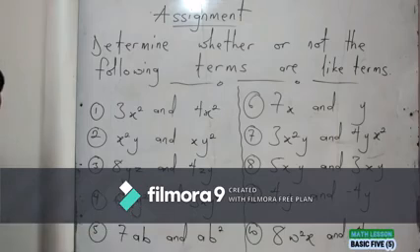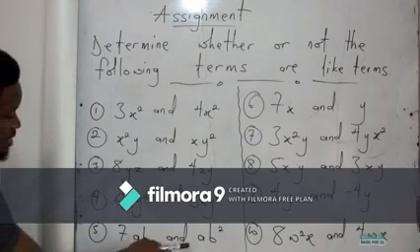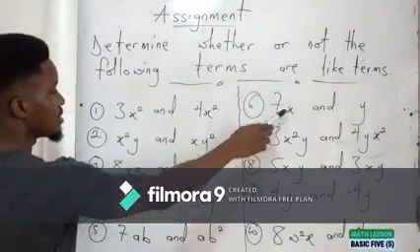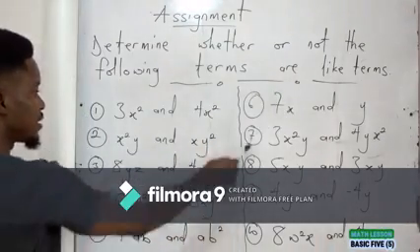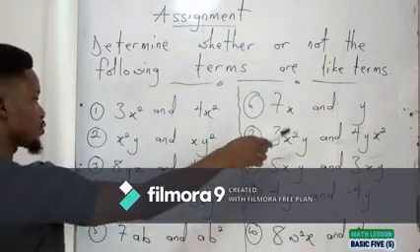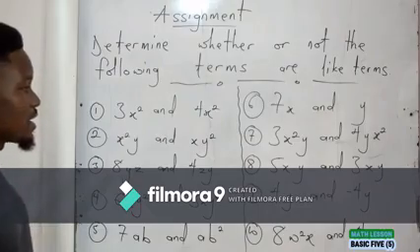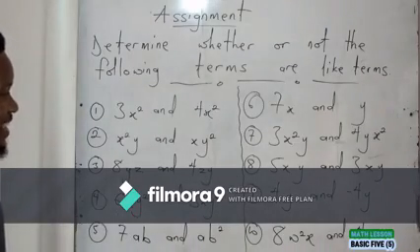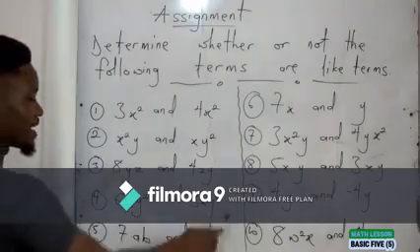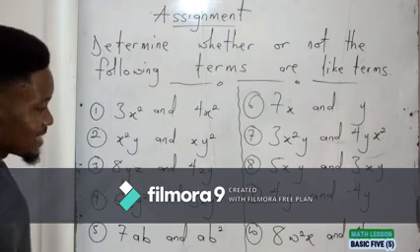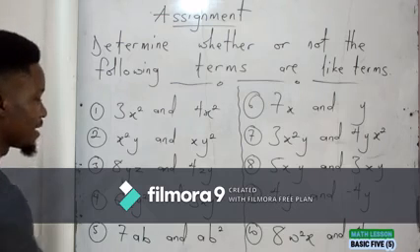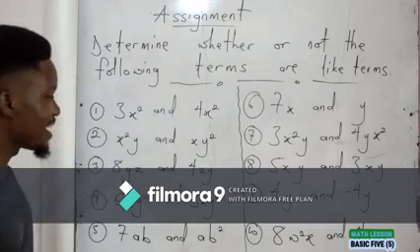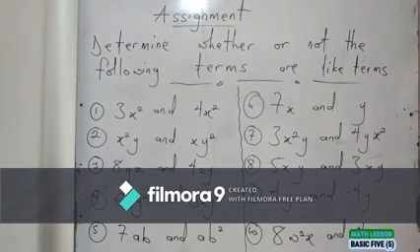Number 5, 7ab and ab squared. Number 6, 7x and y. Number 7, 3x squared y and 4yx squared. Number 8, 5xy and 3xy. Number 9, 4y and negative 4y. Number 10, 8w squared x and 4wx.